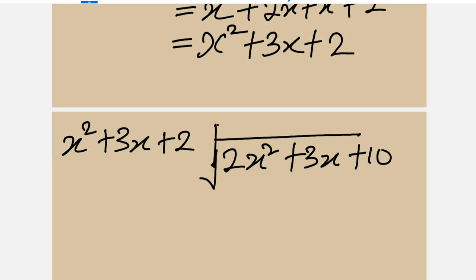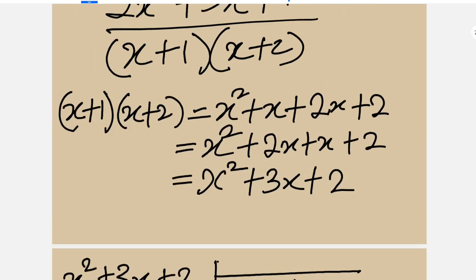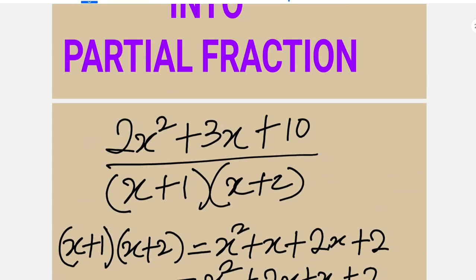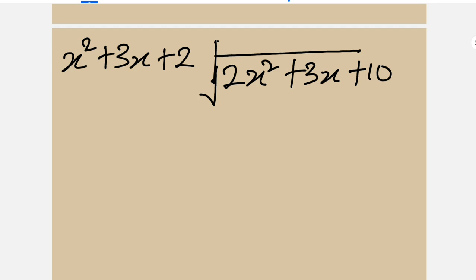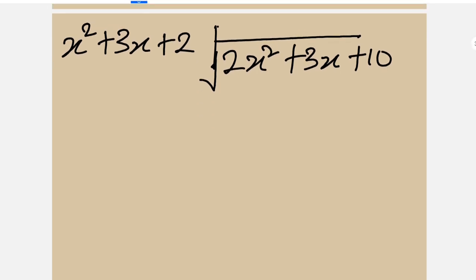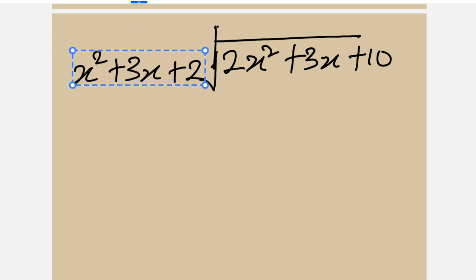If you view the question from the beginning, this is the numerator, 2x squared plus 3x plus 10, divided by (x + 1)(x + 2). But you must expand (x + 1)(x + 2) to get the accurate answer. So now let's divide this and see what exactly happens.